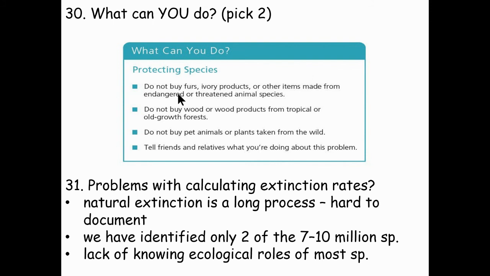It's kind of contradictory to what I said earlier. We've only identified 2 of them. And if you don't know about the species or know enough about them, it's really difficult to predict how important they are.